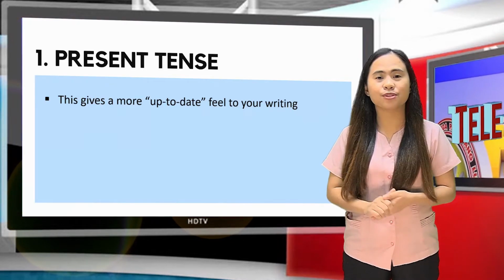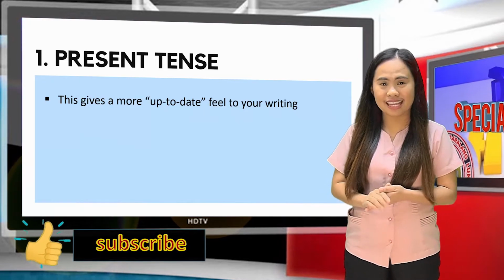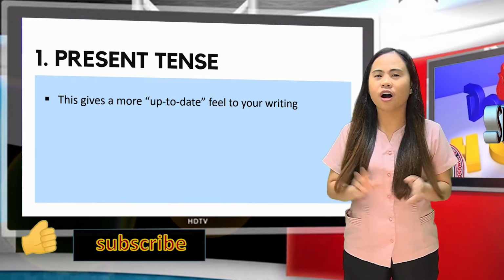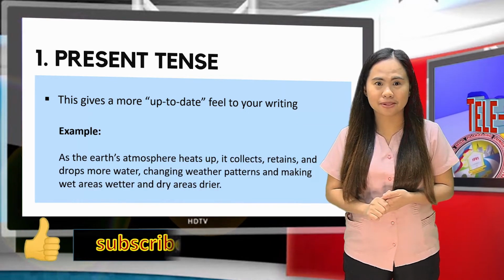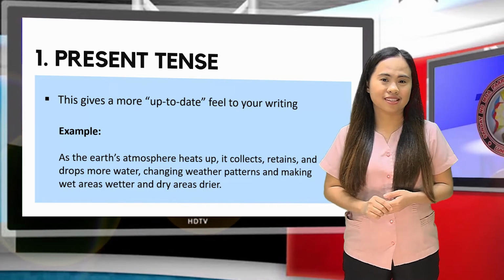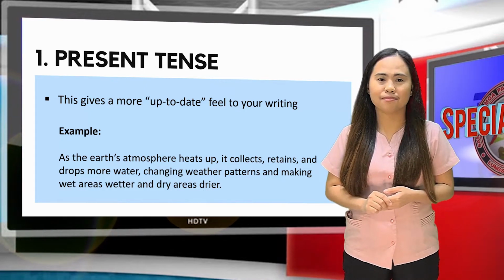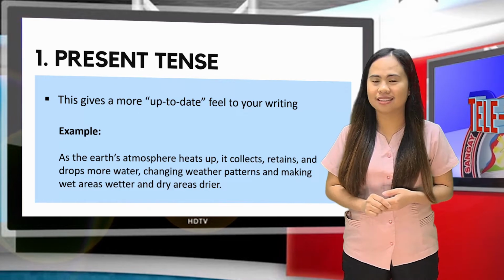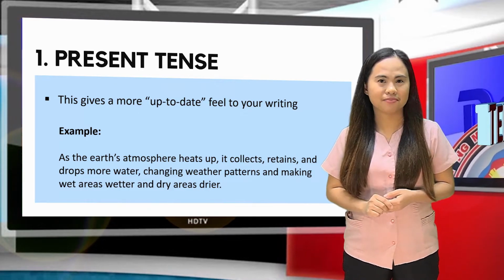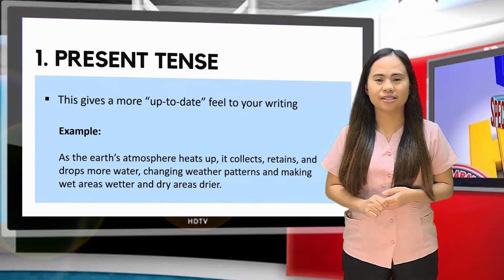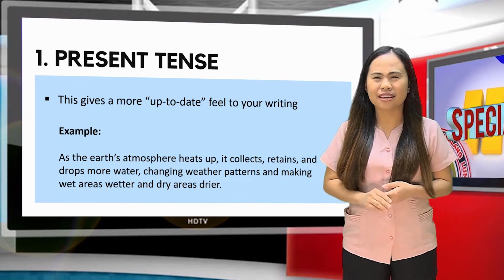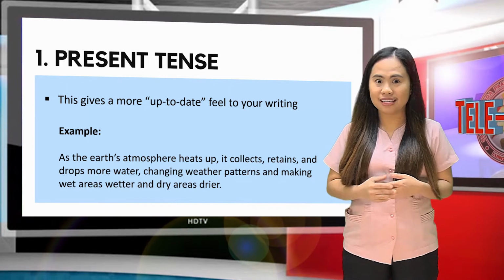First is the use of simple present tense. This gives a more up-to-date feel to your writing. For example, as the Earth's atmosphere heats up, it collects, retains, and drops more water, changing weather patterns and making wet areas wetter and dry areas drier. The use of simple present tense in that example implies that something is occurring, but not necessarily now.